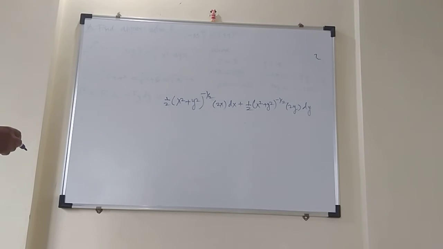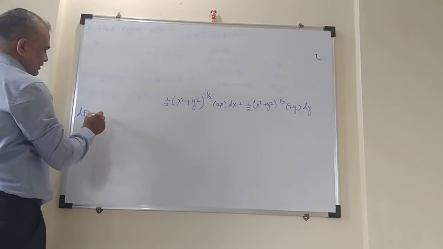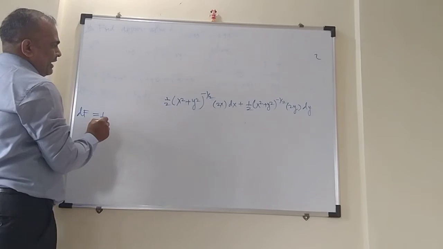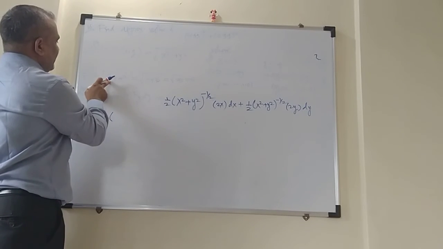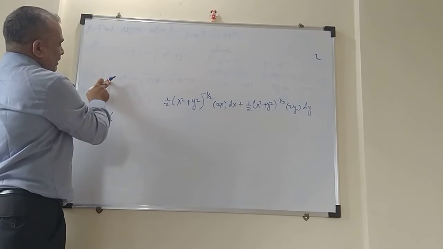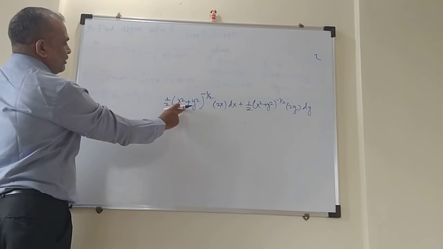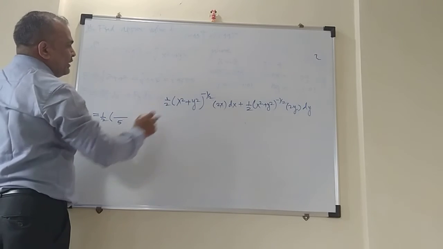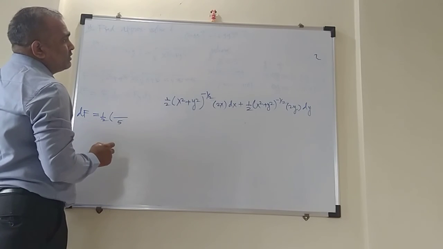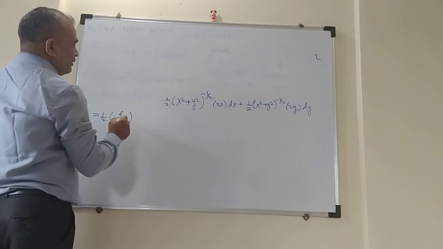Now put the values of x, y, dx and dy into the equation, that will give you total differentiation df is equal to 1/2 times x square plus y square raised to minus half. Just now we have calculated that square root of x square plus y square is equal to 5, but that 5 will go to the denominator because the power is minus half. So 1/5 into 2x, but the value of x is 3, so 3 into 2 will be 6 into dx.